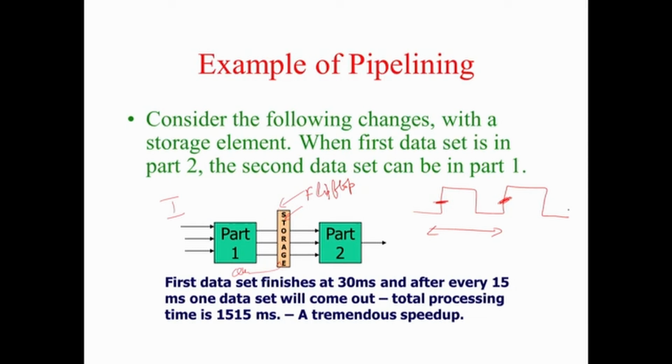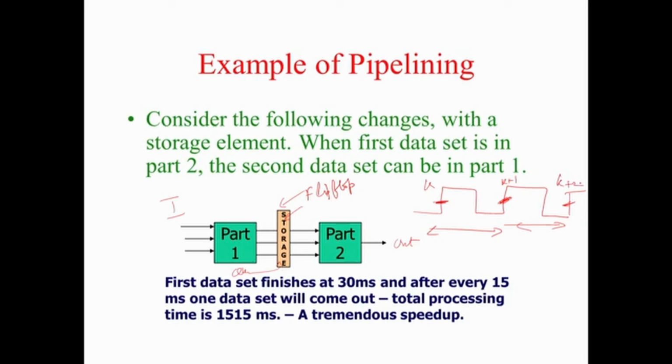And from this clock to this clock, in the second period, this set of data gets processed by part 2 and in the next clock pulse it will be available as an output. So in clock k the data enters, in clock k plus 1 the intermediate result gets stored in the flip flop, in clock pulse k plus 2 the answer comes out, fine.